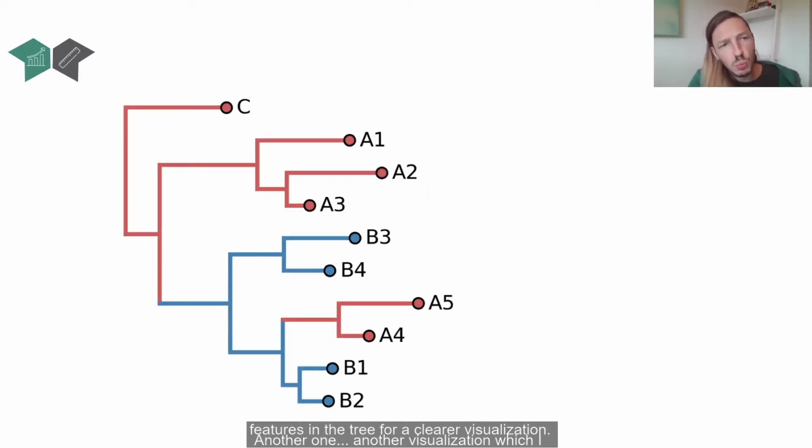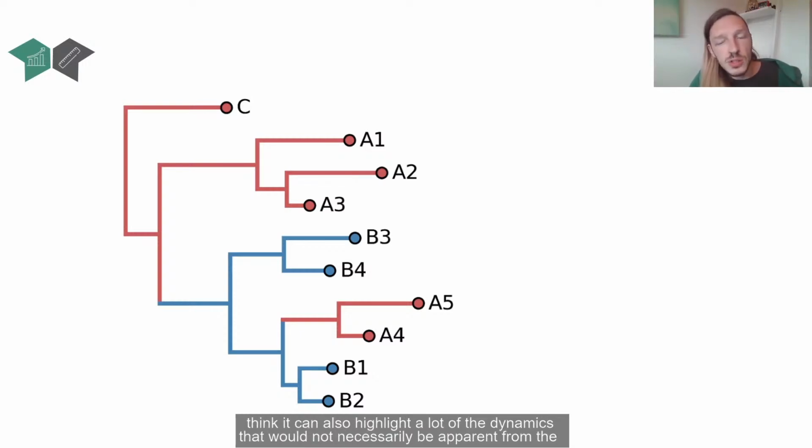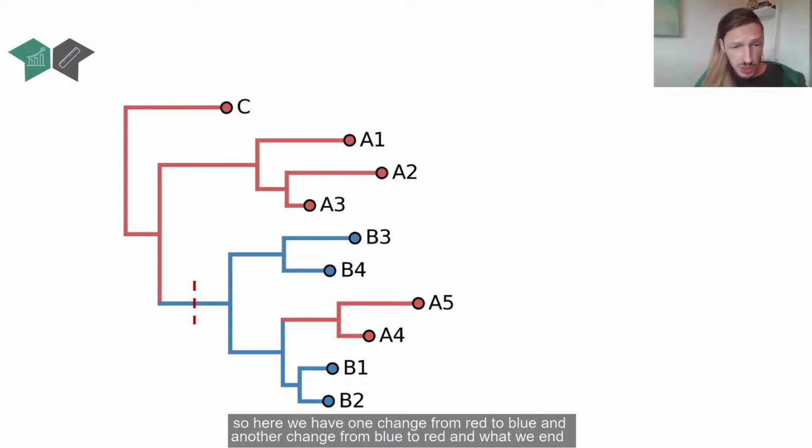Another visualization which I believe clearly sacrifices a bit of the nested hierarchy present in the tree, but I think it can also highlight a lot of the dynamics that would not necessarily be apparent from the tree itself. And in this particular technique, you identify changes from one state to another. So here we have one change from red to blue and another change from blue to red.